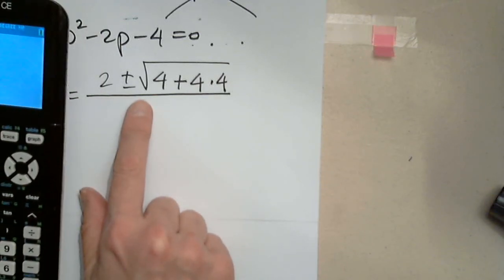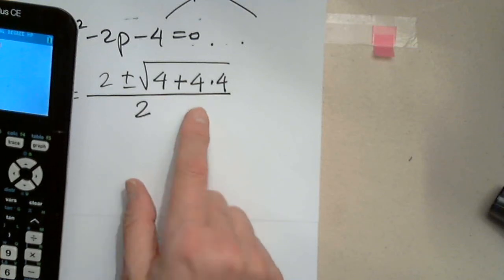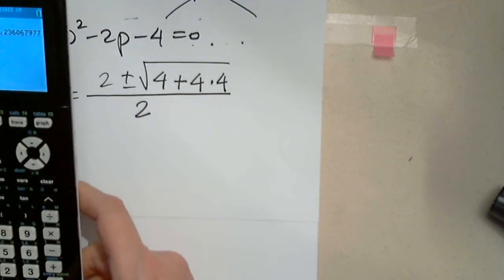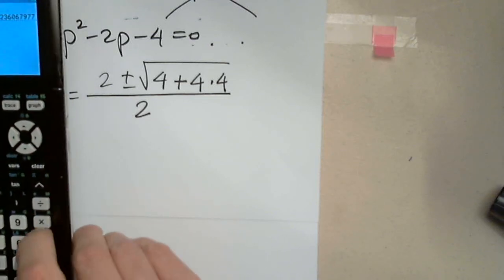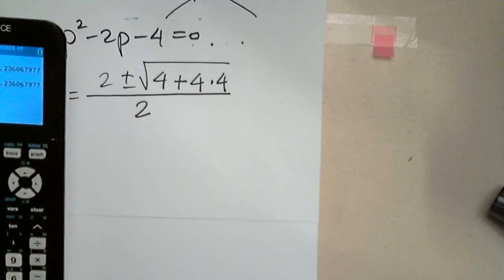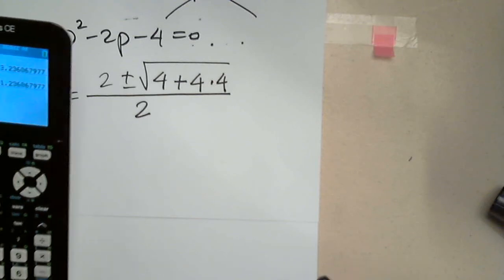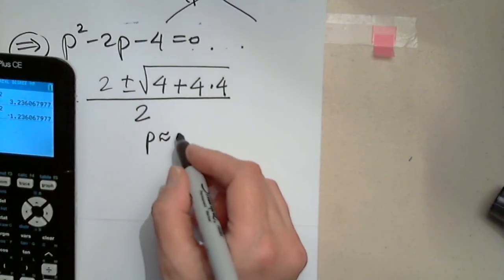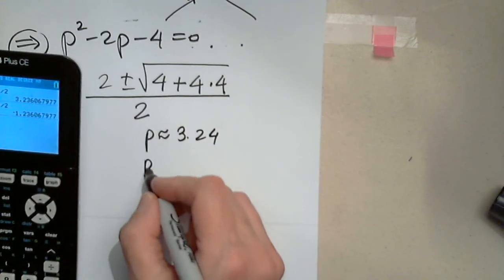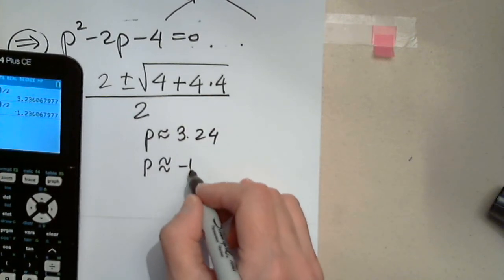So that's the square root of 20 over 2, and the other one with minus. So we have two solutions. I got that p is approximately 3.24 and p is approximately negative 1.24.